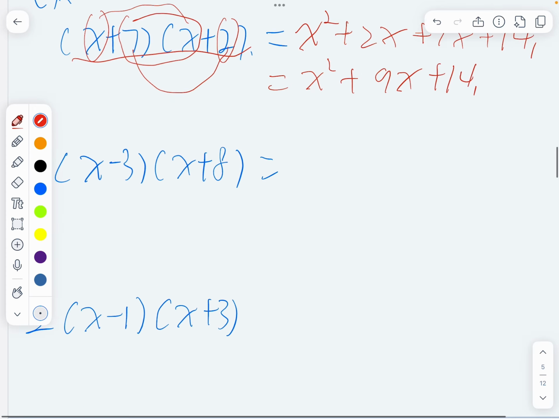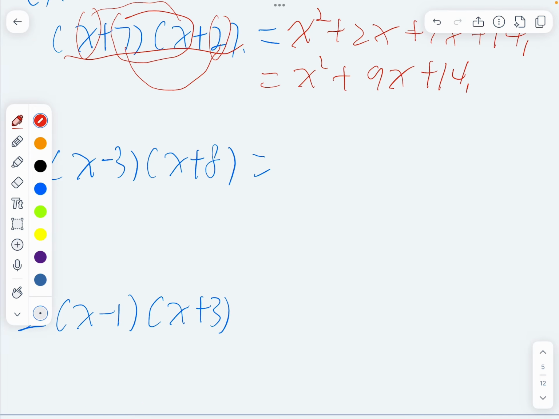Okay, next is going to be x squared, and the symbol is a plus, so we write plus 8x, and then we calculate negative 3 times x, so it's going to be minus 3x.